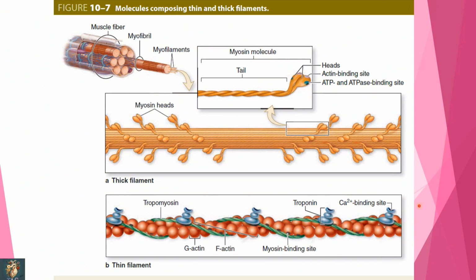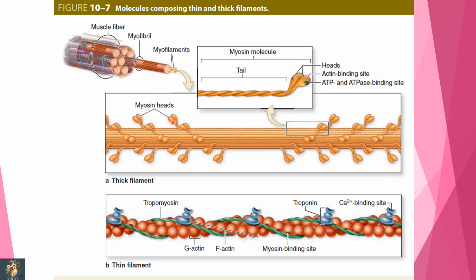These have calcium binding sites, the troponin C unit of the troponin molecules, and these are the thick filaments. These thick filaments are formed by myosin molecules, and these myosin molecules have long tails and globular heads.